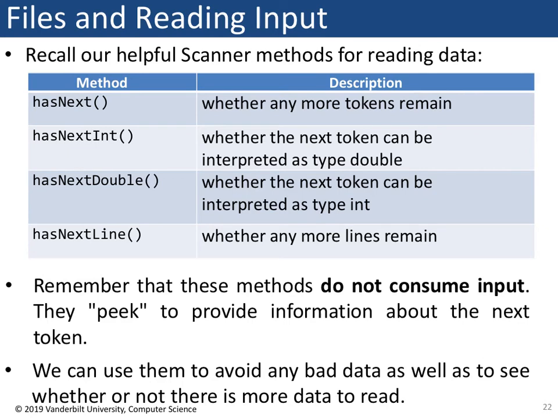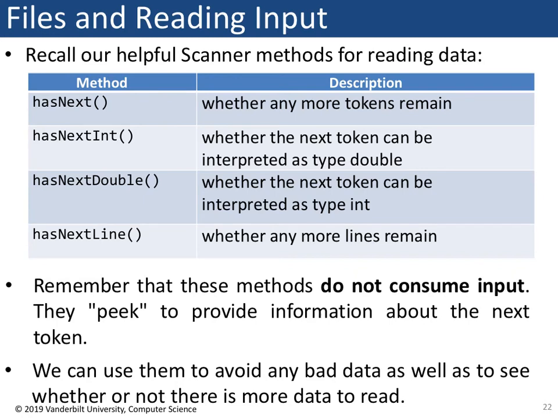So recall the helpful methods that we use for reading data: hasNext, hasNextInt, hasNextDouble, and hasNextLine. These methods can be used to tell if the next token exists, if the next token is an integer, if there is a next token that is a double, or if there is another line.